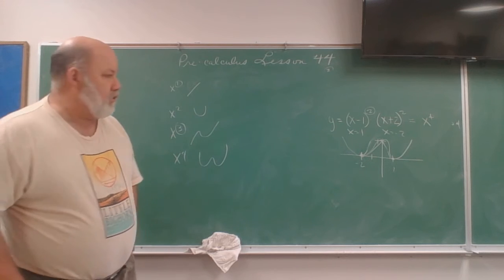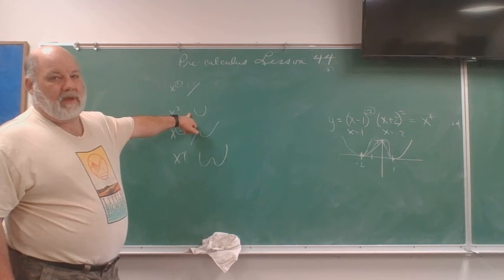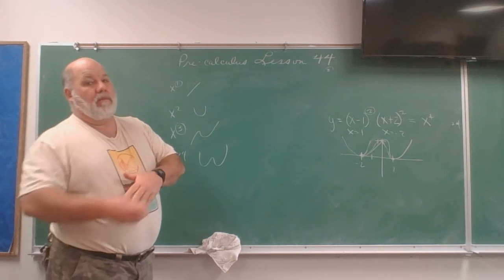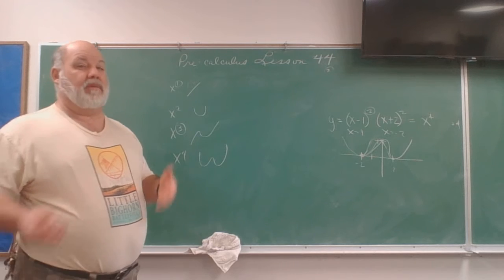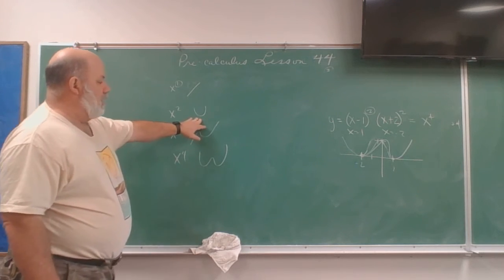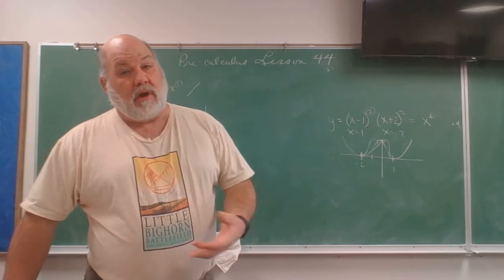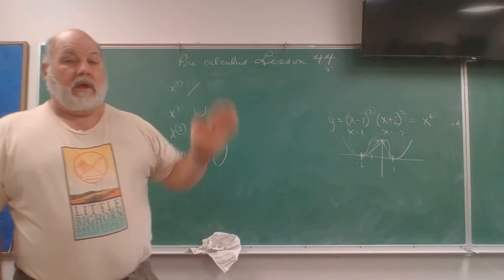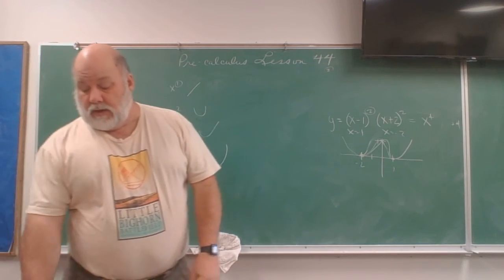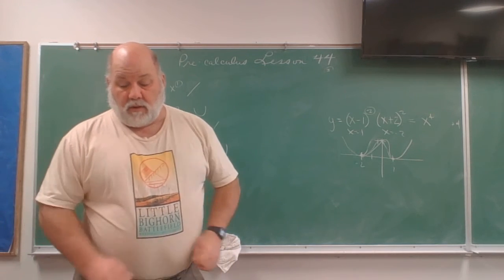Now, the first one, where it's just a parabola, the only way x to the 4th would look like this is if it was simply y equals x to the 4th, maybe plus some constant, plus 5, plus 7, minus 2, whatever. If you start putting any x cubed, x squared, or x to the 1 values in there, it starts to affect your graph and make it go up and down. So there are all the possibilities for y equals x to the 4th.